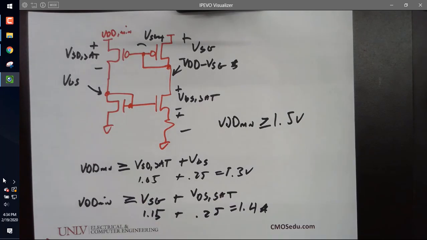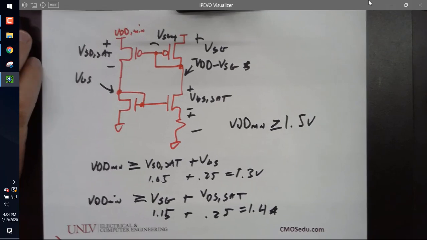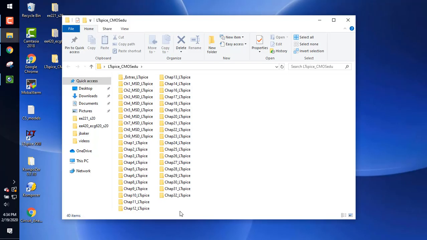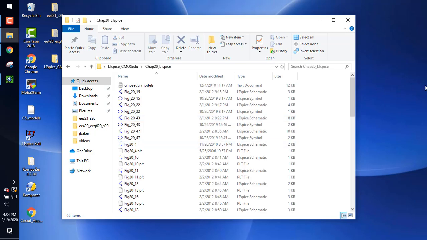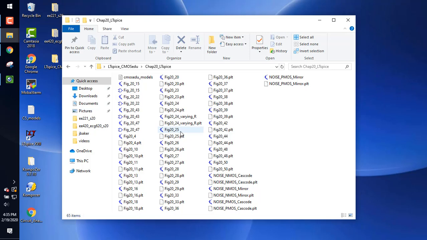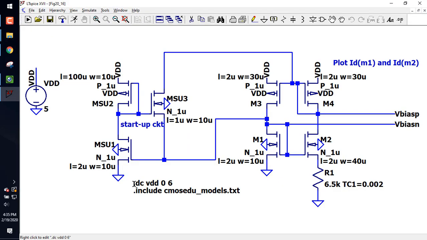So let's go look at figure 2016. And we're going to talk about the startup circuit in a moment, but for now we're just going to stick with this circuit.